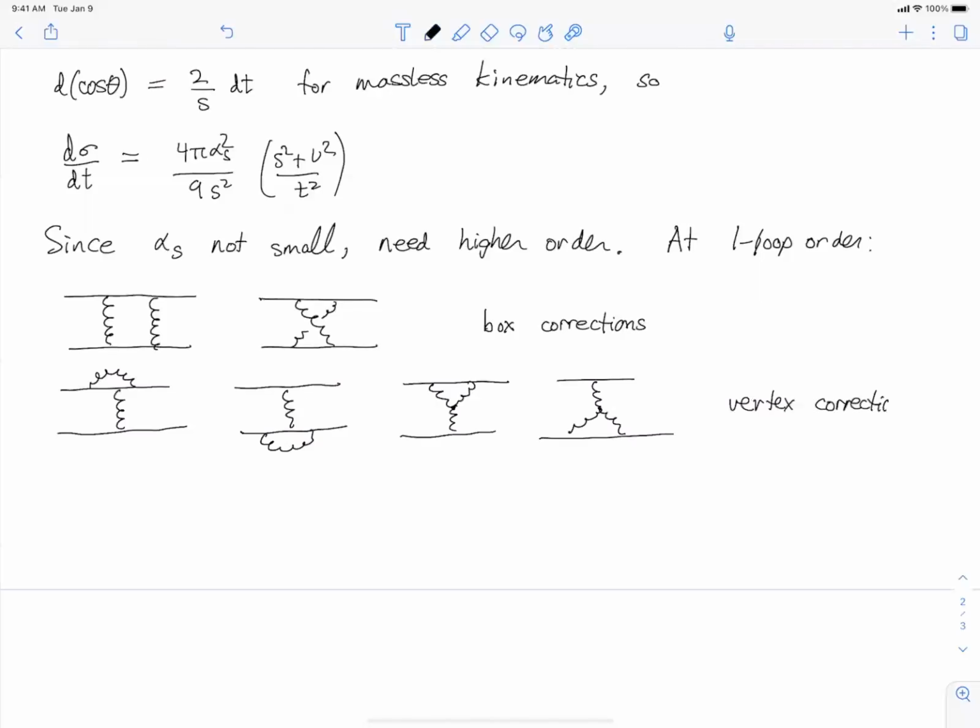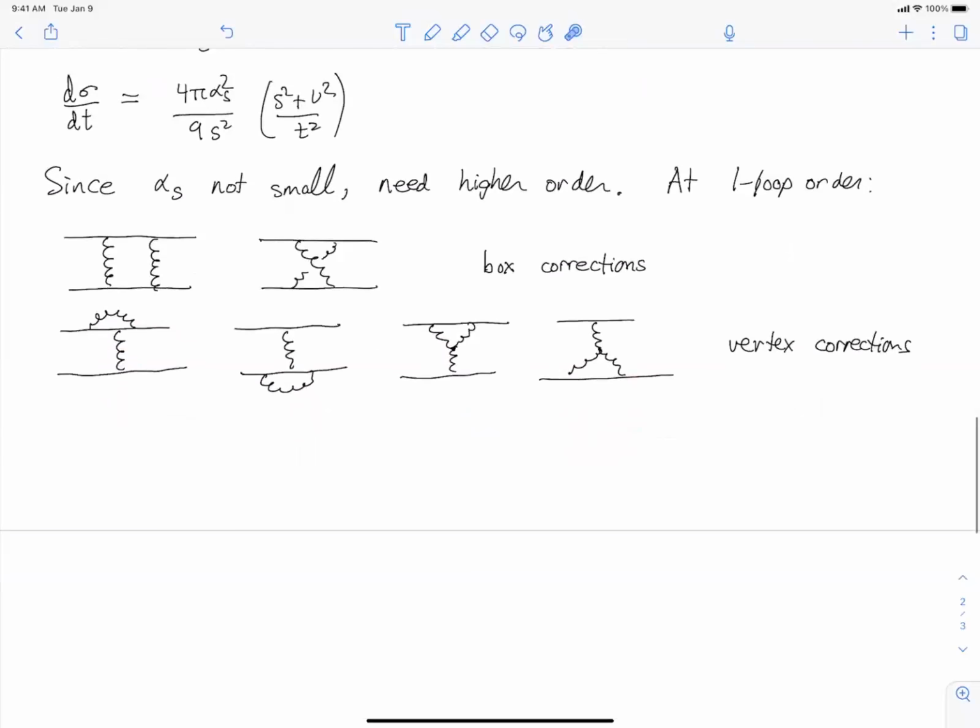And the reason they're called vertex corrections is basically this part can be viewed as a correction to the single vertex. This is a correction to that vertex. This is, again, another correction to this vertex. And this is another correction to that vertex. Okay, but there's more.